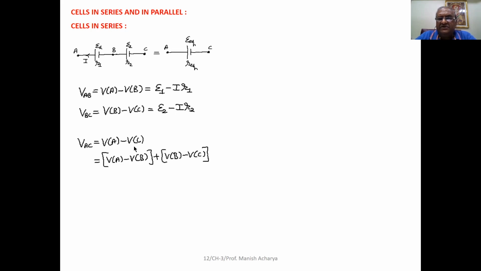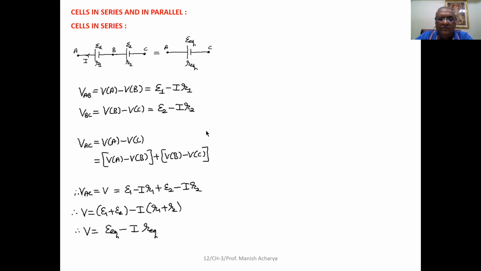Now here in this equation, add the potential at B, VB, and subtract VB. So we can rewrite this equation as VA minus VB plus VB minus VC. This VB cancels after all in this equation. But now VA minus VB you can write as E1 minus IR1, and VB minus VC you can write as E2 minus IR2.